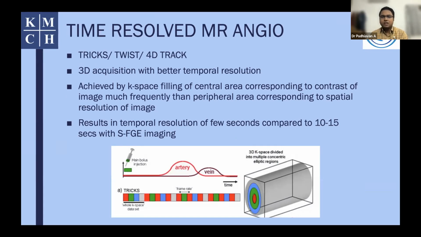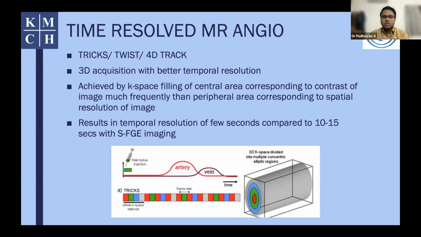The better temporal resolution is achieved with time resolved MR angio by a unique technique where there is a difference in the K-space filling of the data that has been acquired. So you all learned that in K-space, the center of the K-space gives most of the contrast data, whereas the periphery of the K-space gives the spatial resolution for the image. So in MR angiography, the contrast data is much more important.